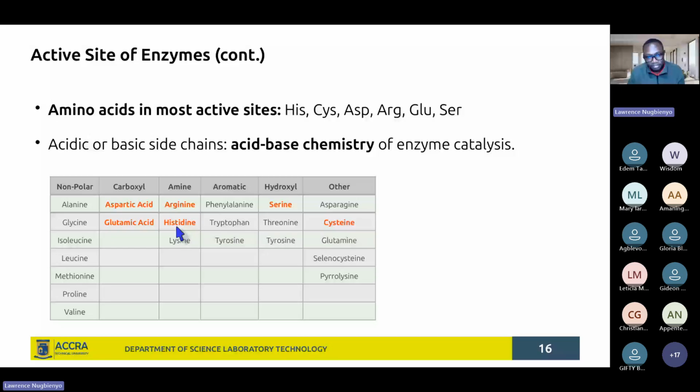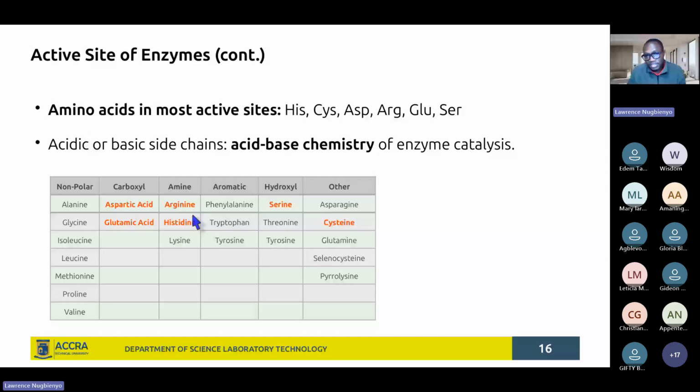Histidine is not considered as an aromatic amino acid. That ring is not aromatic. You see, it's some azo ring. You have some nitrogen in there. We'll look at it and you see it. So those will be acting like basic.